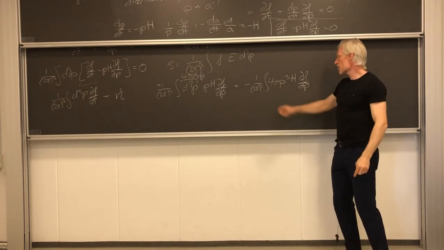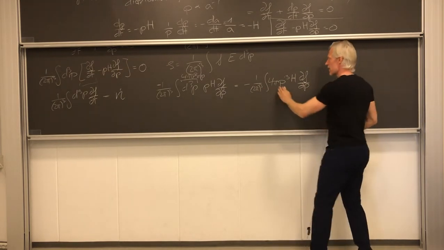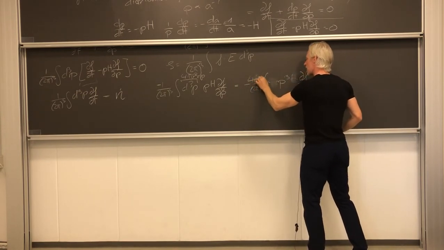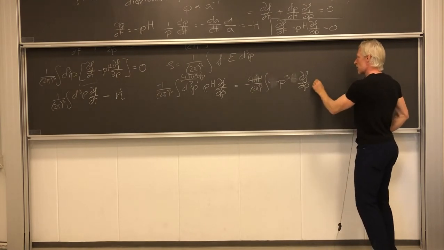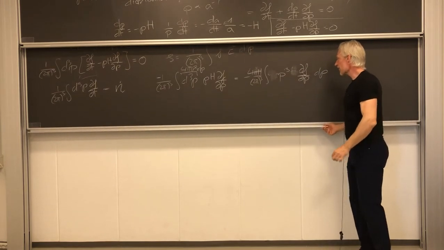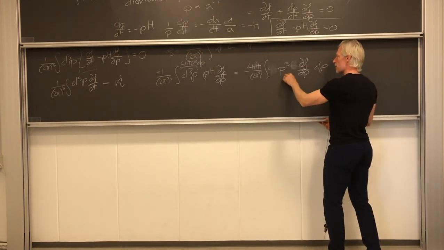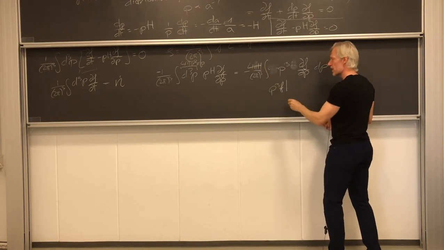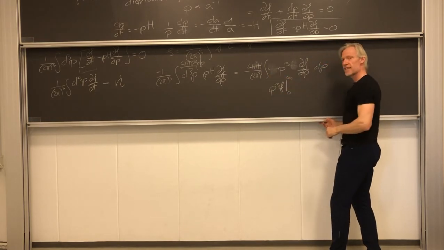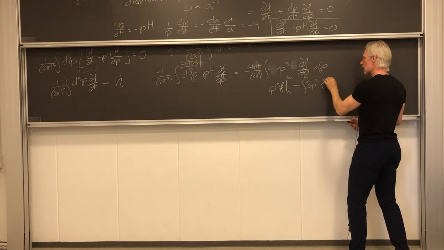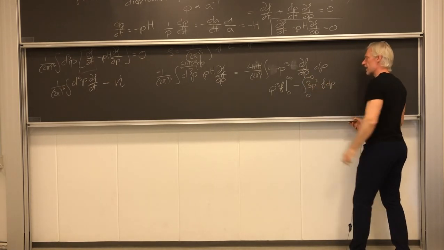Most terms actually just go outside the integral, like the 4 pi and H. So I put these out here for now. And then I have this term here. If I do that using integration by parts, then I should get p cubed times f at the boundaries, which would be 0 and infinity in this case, and then minus 3p squared f dp, like this.